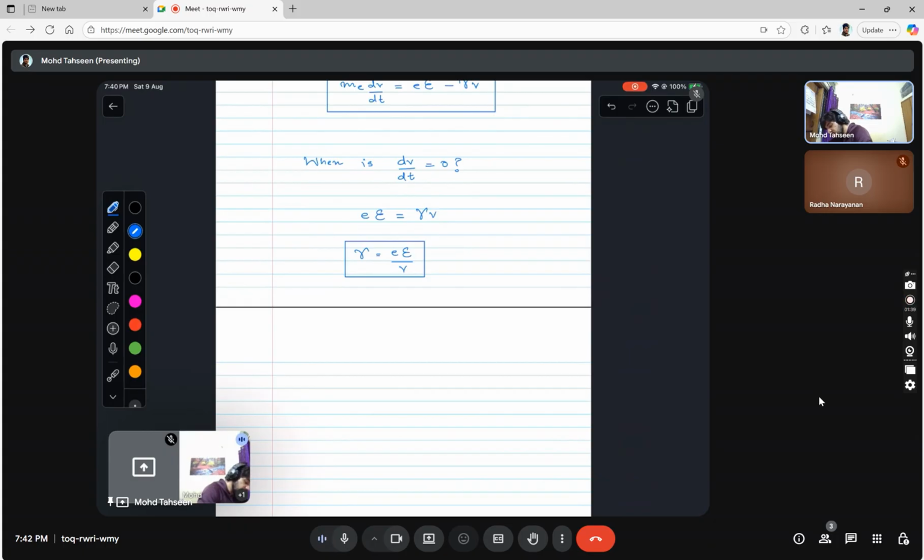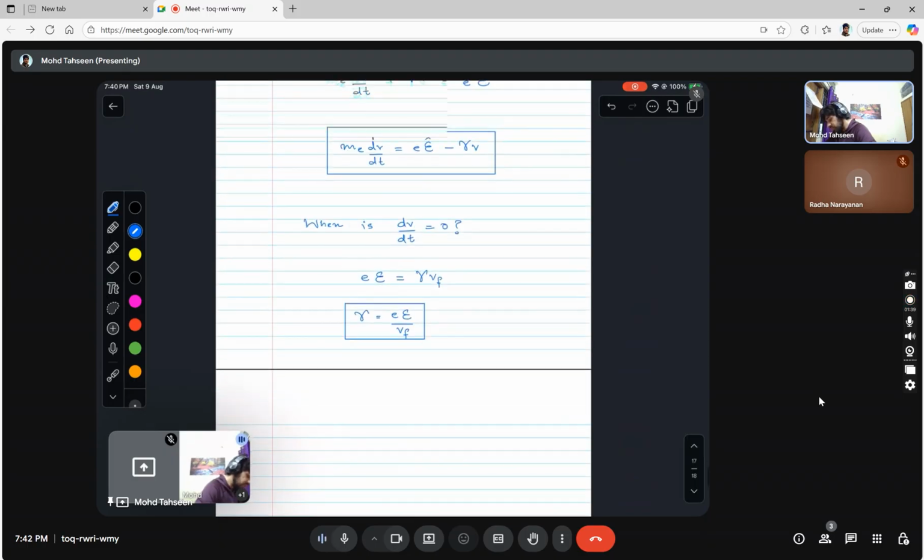So this quantity v will be equal to vf. This is the value of velocity which is finally achieved, where the whole conductor saturates and the acceleration of the electron does not increase further. So this value is called vf, or the final velocity.